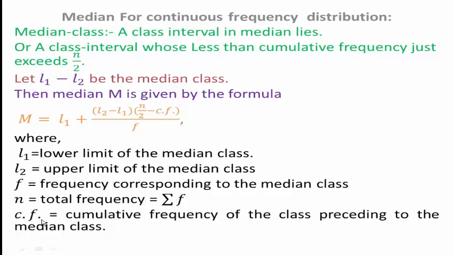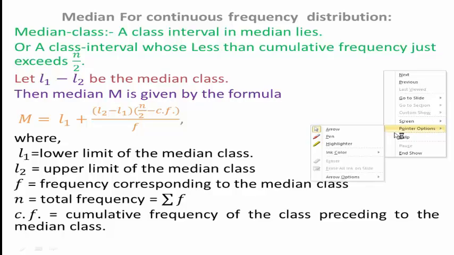This is the cumulative frequency or less than cumulative frequency of the class preceding the median class, that is the cumulative frequency of the class which is previous to the median class, or in simple words you can say the cumulative frequency of the pre-median class.